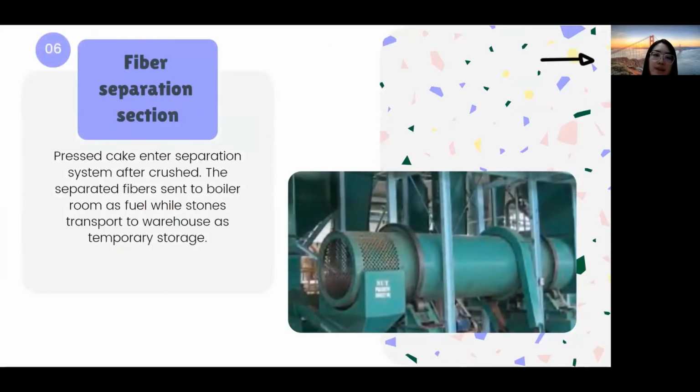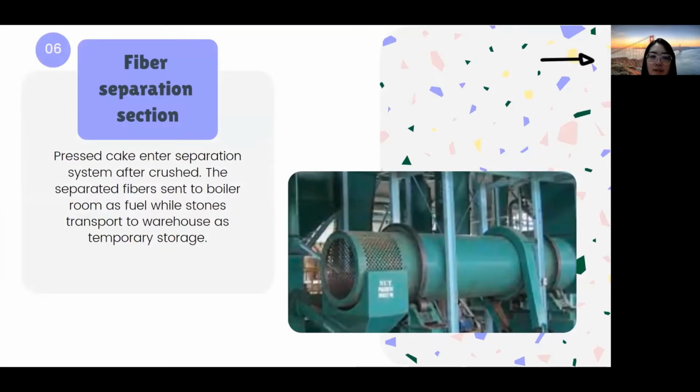So next, the press cake will enter the separation system after crush, and the separated fibers will be sent to the boiler to heat it and used as fuel, while the stone will be transported as storage in the warehouse.